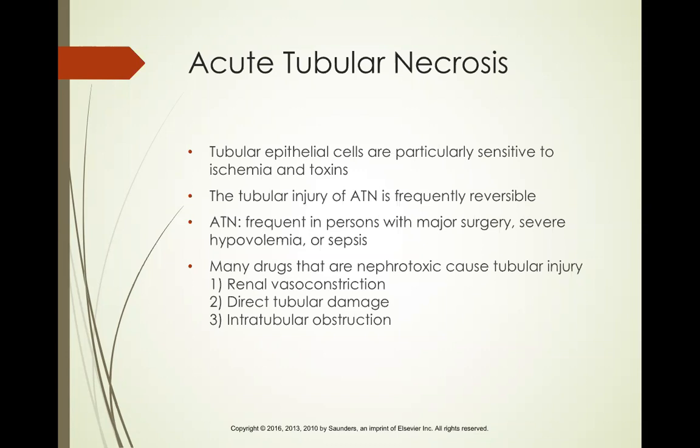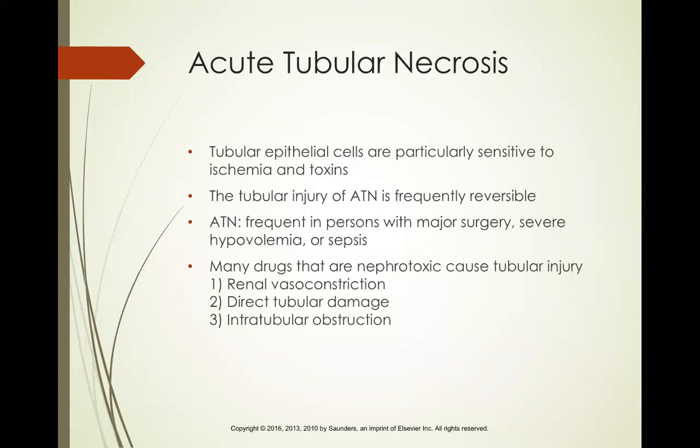The tubular injury of ATN is absolutely reversible if it is caught in time. If it is noted that they are having less urine output, we're able to bolus and reperfuse the kidney, then the kidney can be saved.